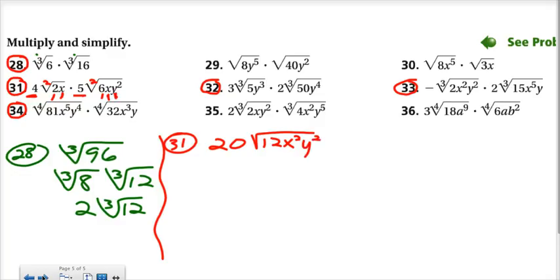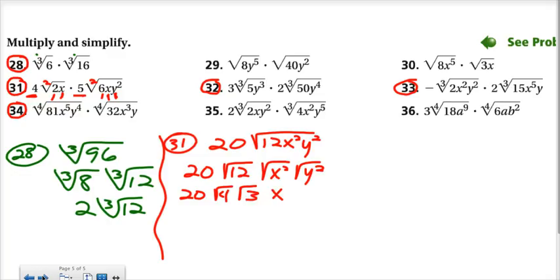And then what I need to do is figure out whether or not I can simplify that. So it's 20 times the square root of 12, the square root of x squared, and the square root of y squared. And I realize the perfect square of 4 goes into 12 3 times. The square root of x squared, that's just x, and the square root of y squared, that's just y.